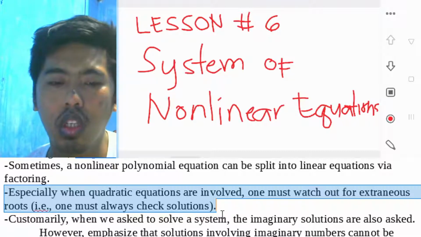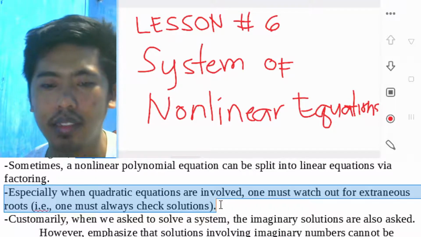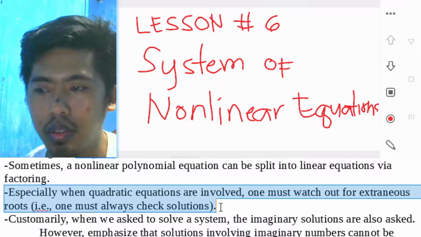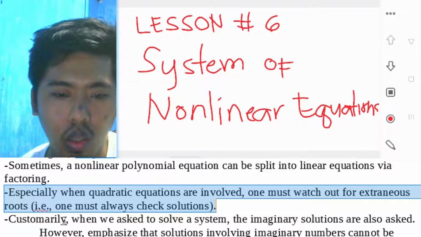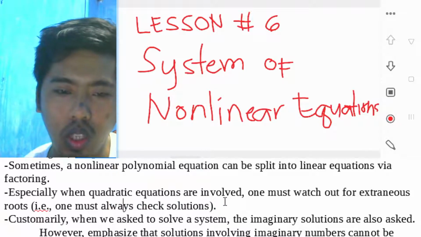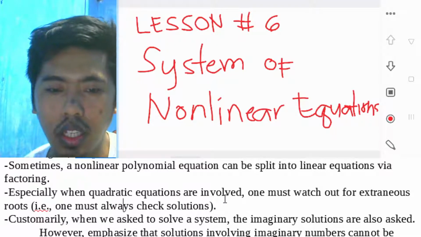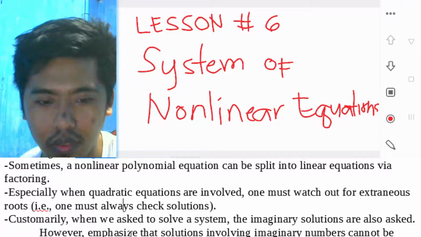So we can check that one soon. One must always check solutions. Okay, dapat i-check na to kay basin, it's just an extraneous root. So meaning just an extra, dili appeal.